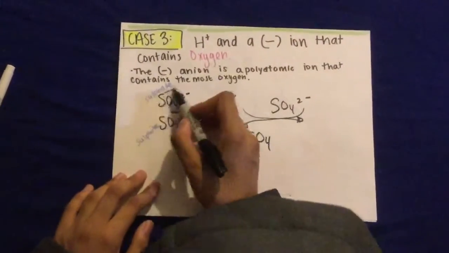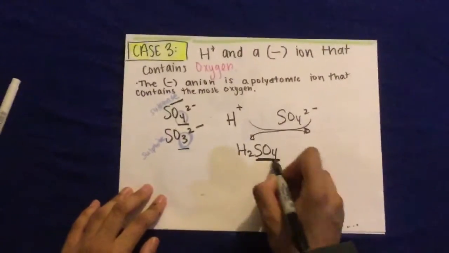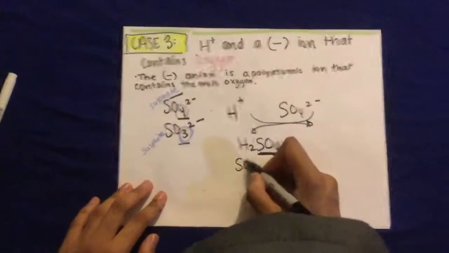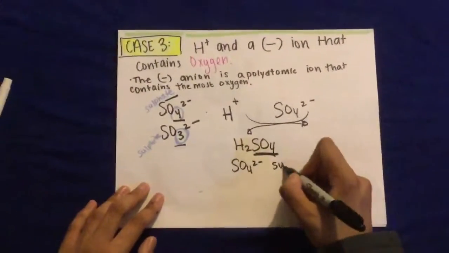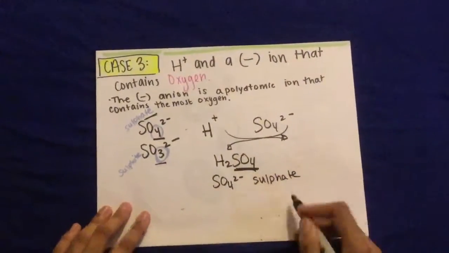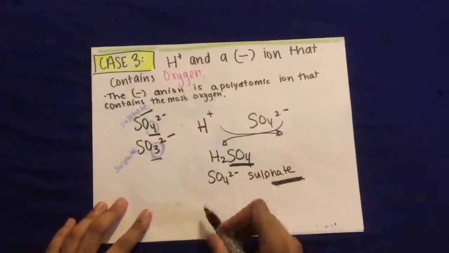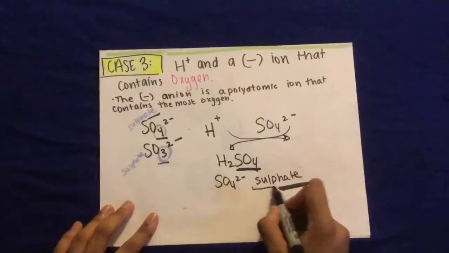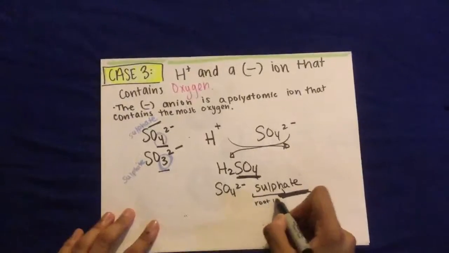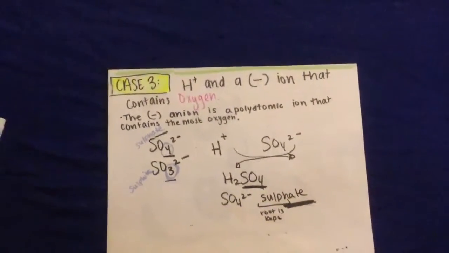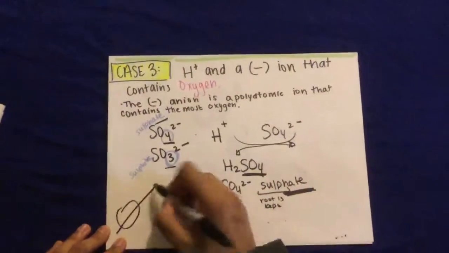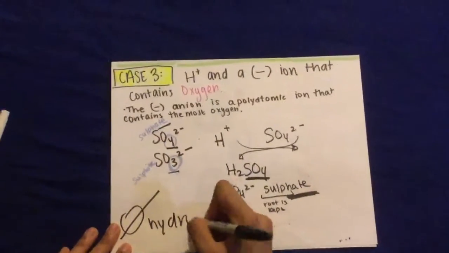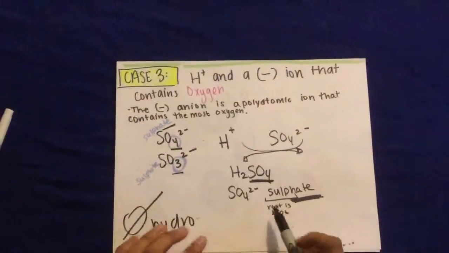Well, because this anion is called sulfate and the ending is ATE, all we have to do is keep the same root. The root is kept, we don't change the root. And again, like case number 2, we do not put a hydro in front.